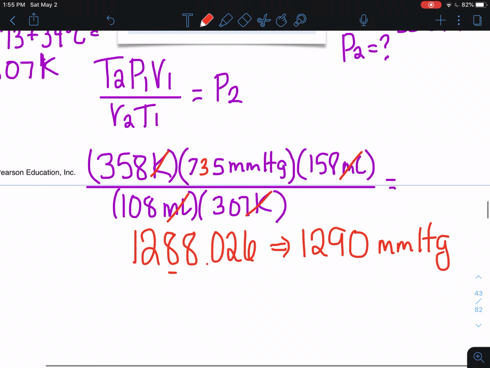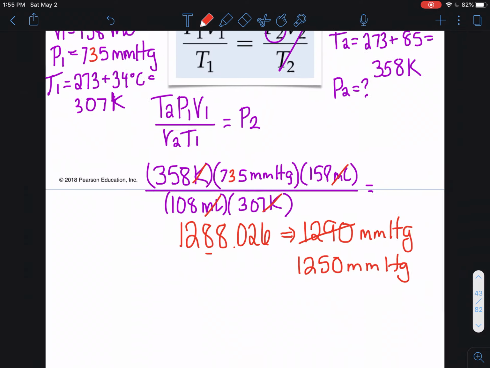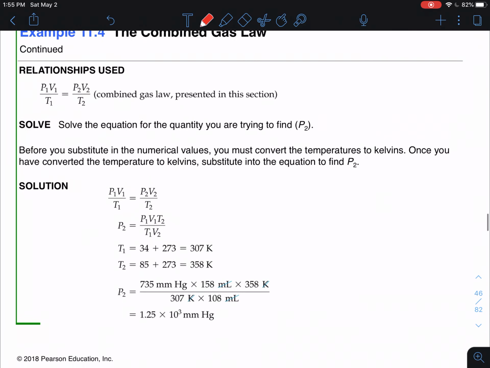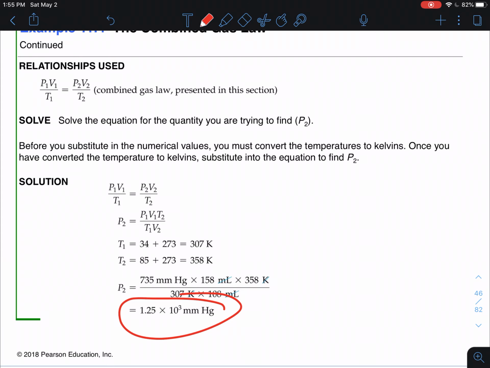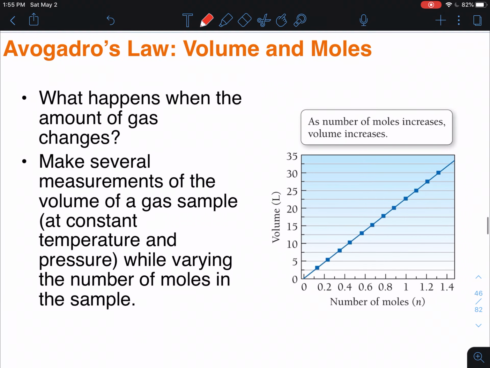Yeah. New answer. 1250 millimeter mercury. Okay? Sorry about that. All right, so this is from your book, right? And there's the final answer right there if you don't believe me. Okay, so that is the combined gas law.